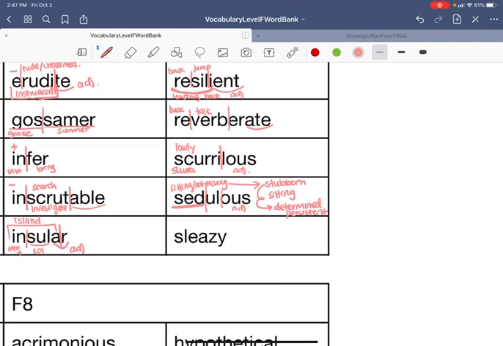Another interesting thing about this word is that I don't remember ever seeing it used for women when you're describing people, like sleazy women. I've never heard of that, but I've heard of sleazy men.